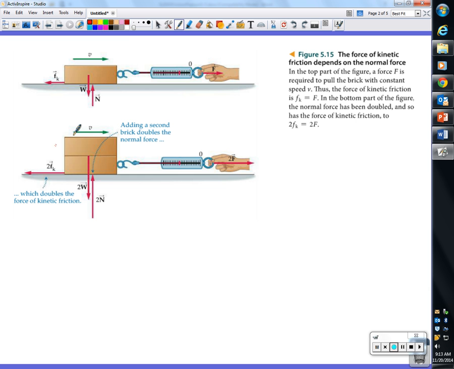So, top picture. In order for that object to move with a constant velocity, what has to be true about the forces? They have to be the same, but they have to cancel each other out, right? An object moving at constant velocity is in equilibrium, and the net force is equal to 0.